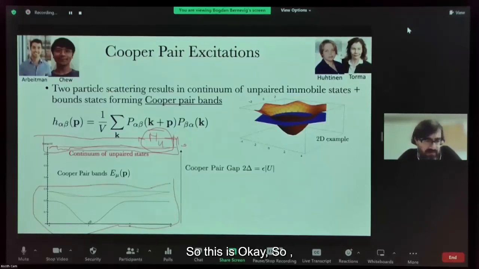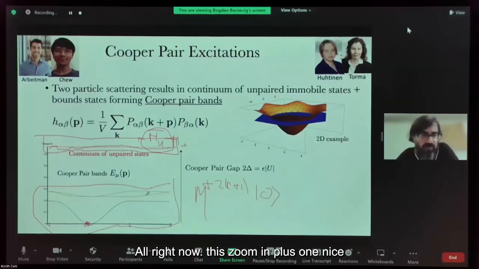Now, this is the zero energy state, which is just eta dagger to the 2n plus 1 times the vacuum. And you know it's got to have energy zero because that's something about the ground state, and it sure does have energy zero. But what you're interested in is the mass or the stiffness of this pair.